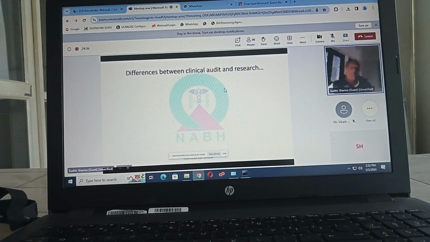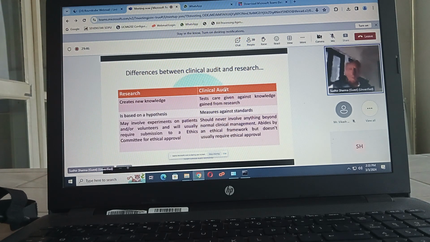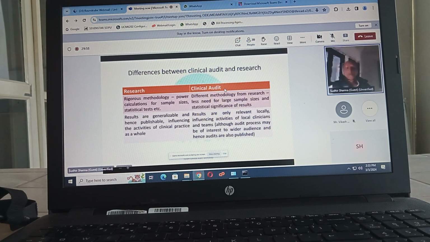All I told you about the difference in clinical audit and research is now expressed in a tabular form. Right? So we come to the second one.